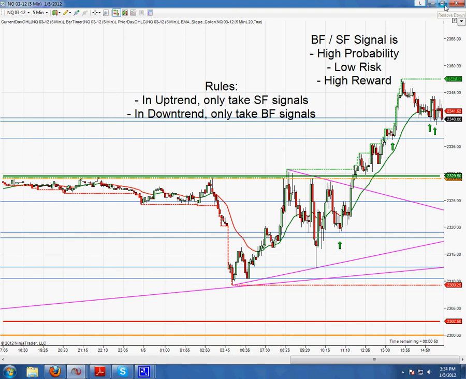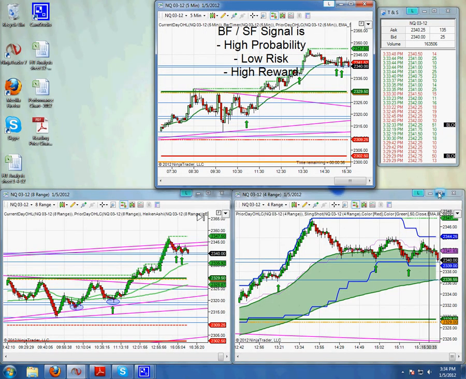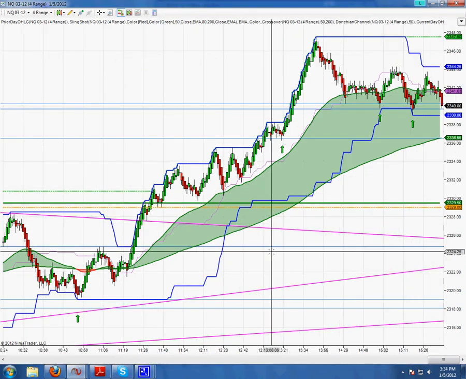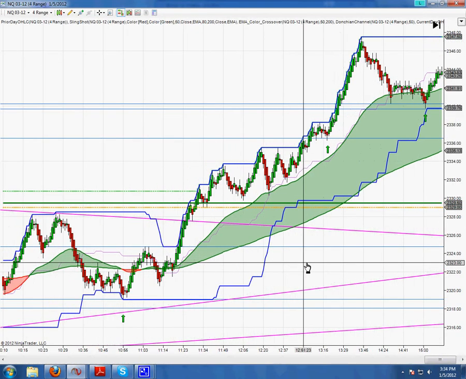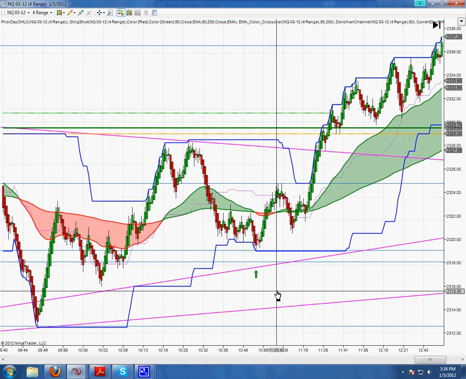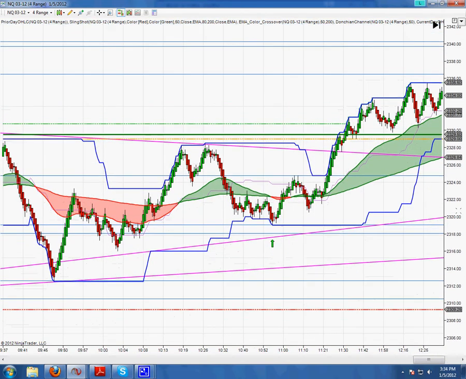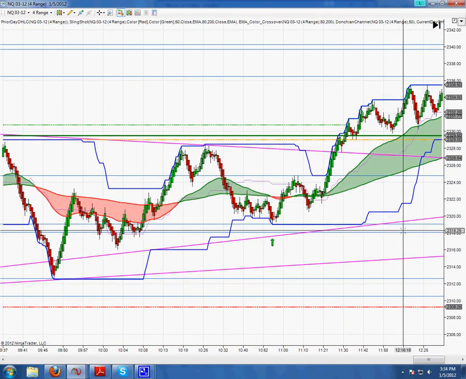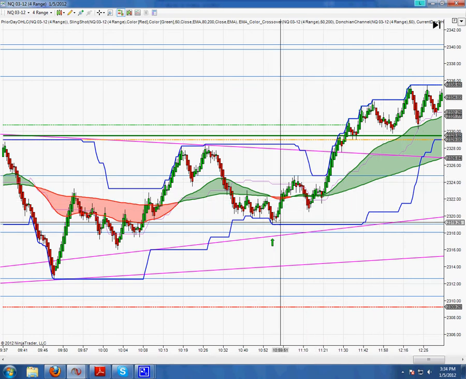Now, one way that I would like to confirm that, for example right here, why this is valid, and this is a 3 candle support with a break to the downside, I want to show you what I use to confirm that. Right here, this is a Donchian channel set to 50 periods, and what I like to look for is support on the lower channel in an uptrend.